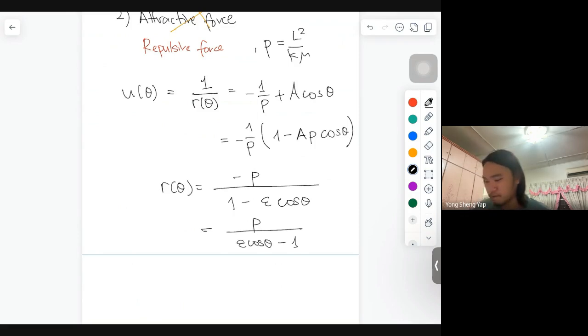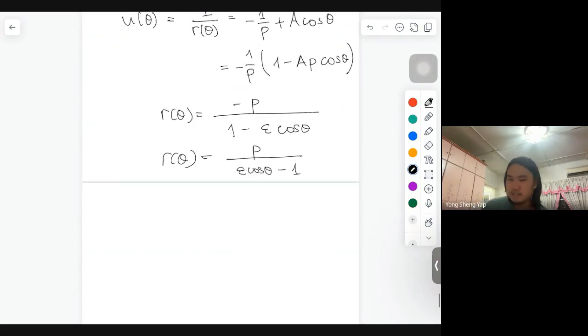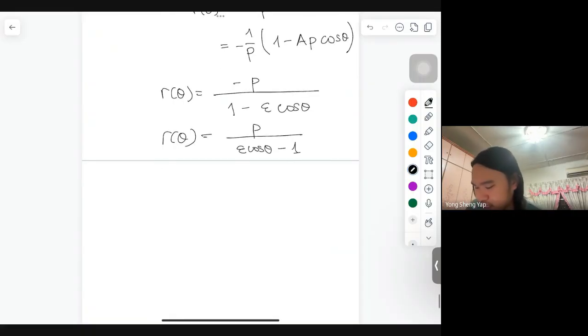So this is the equation of motion for the repulsive force. Let's think about what the exact maximum and minimum of r of theta are. First of all, when cosine goes to, okay, something is weird here.